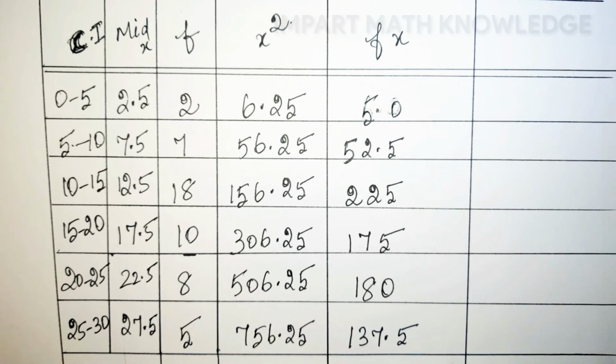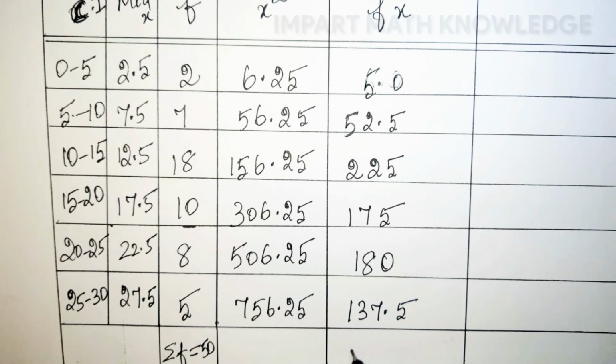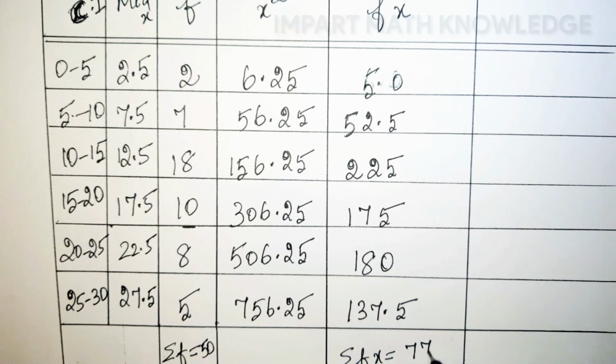After multiplying the frequency with x value, you have to take the total. Sigma fx is equal to 775.